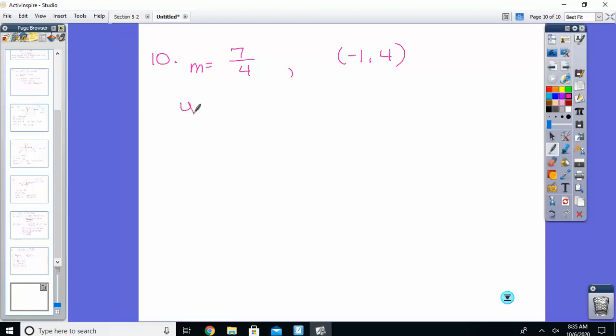The first thing I'm going to do is plug into y equals mx plus b. So my y is 4, m is 7/4, x is -1 plus b.